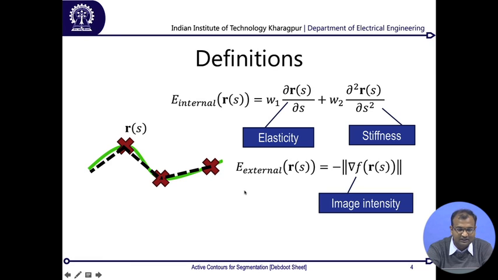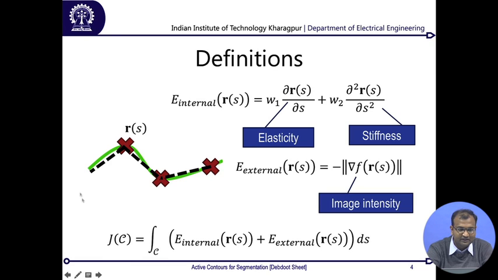Now the objective over here is that, say you have a curve denoted as C, and we define some sort of cost function in terms of this curve. This cost function of the curve is the integral of the internal energy and the external energy over the whole length of the curve. Okay.